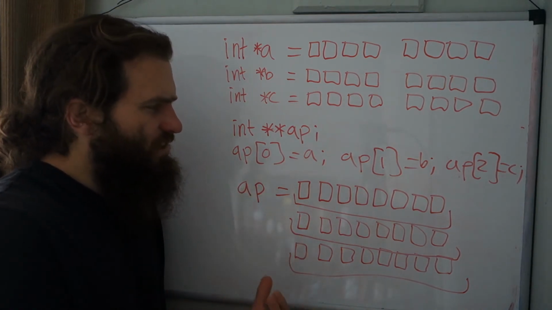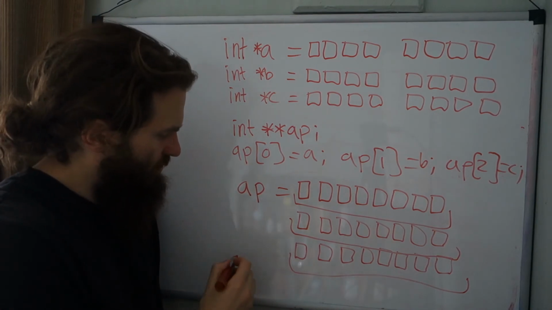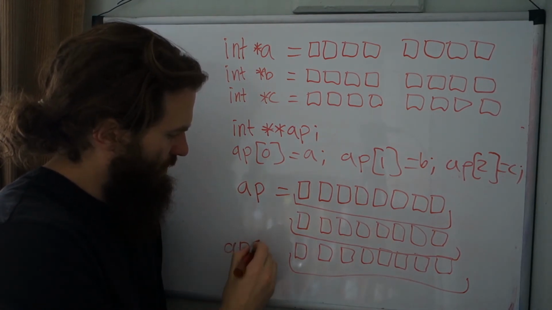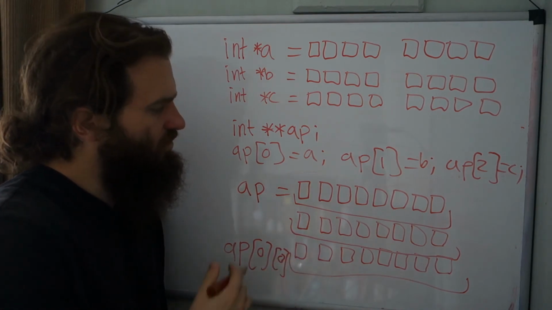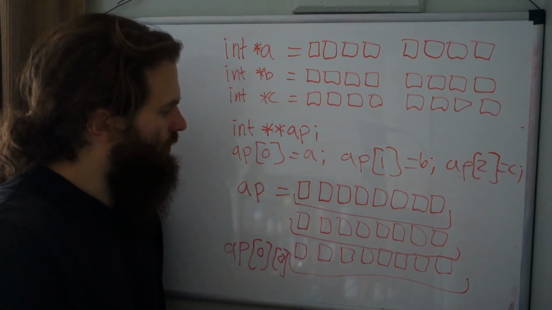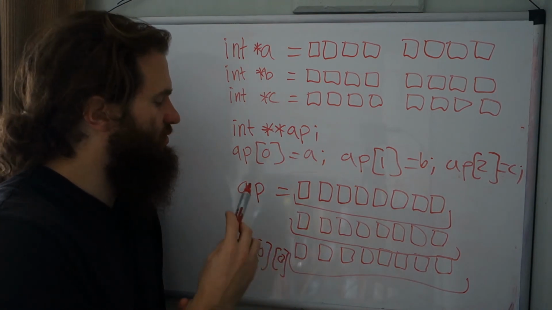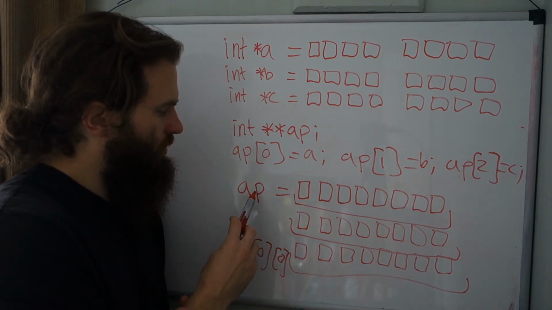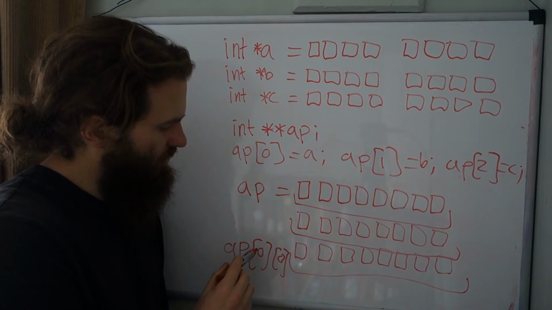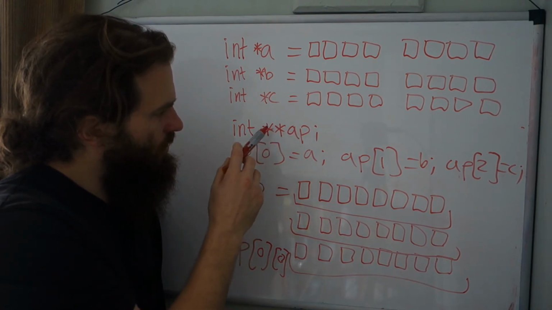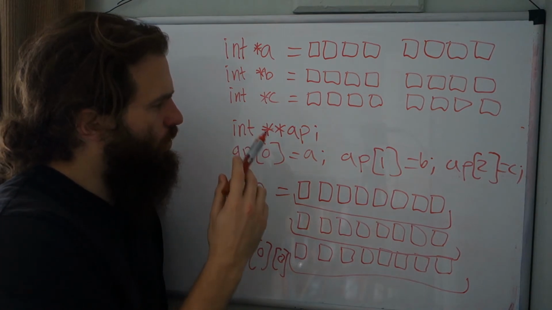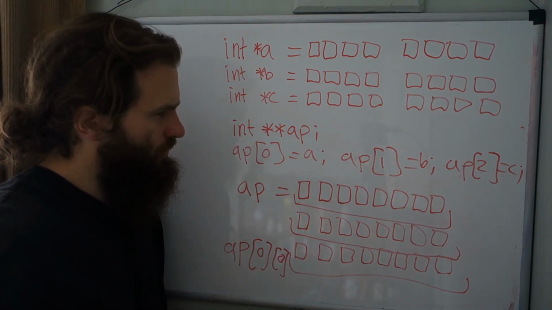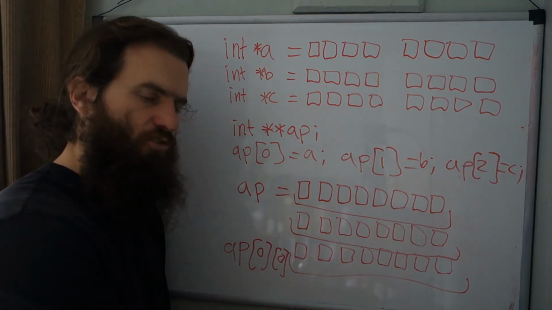And then how does C know how to interpret this? When we do something like AP[0][0], how does it know what to do? Well, again, it just needs to look at the type. It looks at the first index and says, what we have is a pointer to an integer pointer.